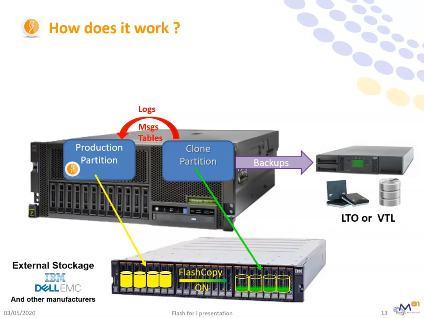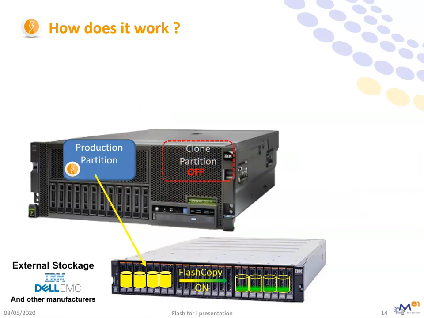For BRMS, for example, the library QUSRBRM is sent back. So every piece of information is located on the production system. After that, when everything is finished, we don't need the partition anymore. Flash4i will stop the clone partition and the flash copy.